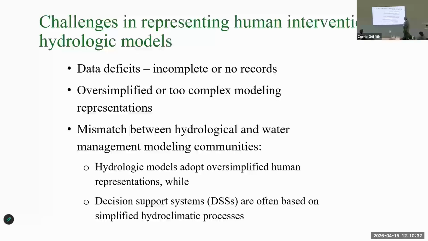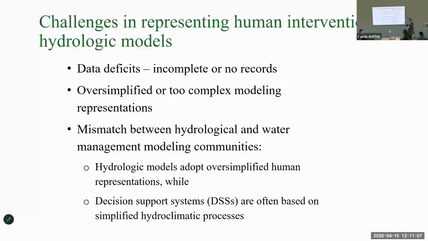The hydrological models adopt oversimplified human representations. Do you agree with that? Maybe you're doing better, right? But I'm working with a group on the National Water Model, and even for reservoirs, they are still using what's called a pool-level model. This is basically the simplest, probably oversimplified form of reservoirs. The other way is the decision support systems on the water system side.